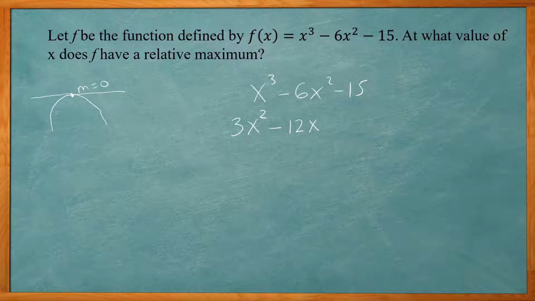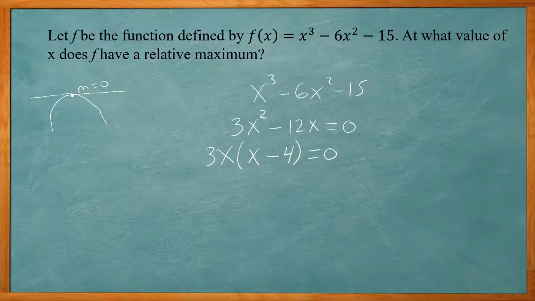If I set that equal to 0, because I want to find what x value would have a slope of 0, I can factor out an x here and a 3. That'll give me x here minus 4.